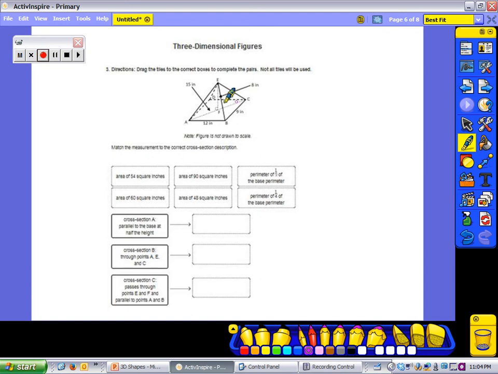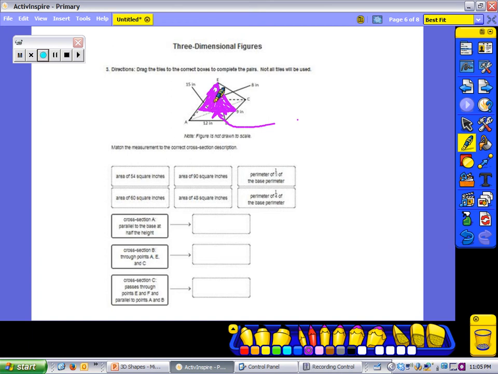Go through E and F and A and B. Okay, so passes through E and F, but parallel to A and B. So we've got a triangle here. You can see the bottom, this dimension here, is parallel to A and B, and it is passing through E and F. E and F is right through the center. Okay, so we've got a triangle here.